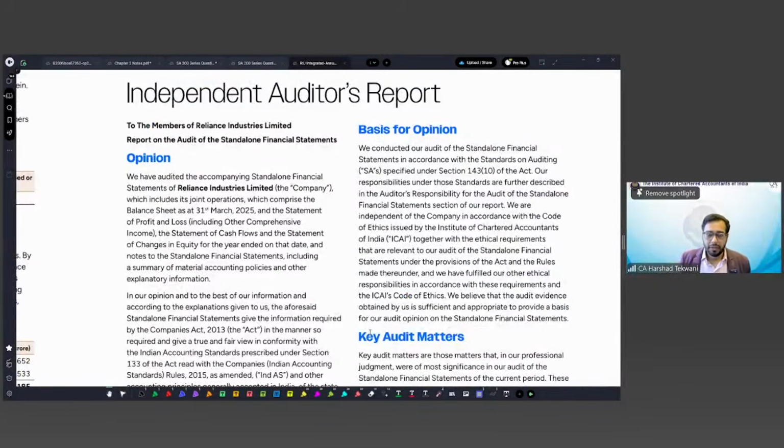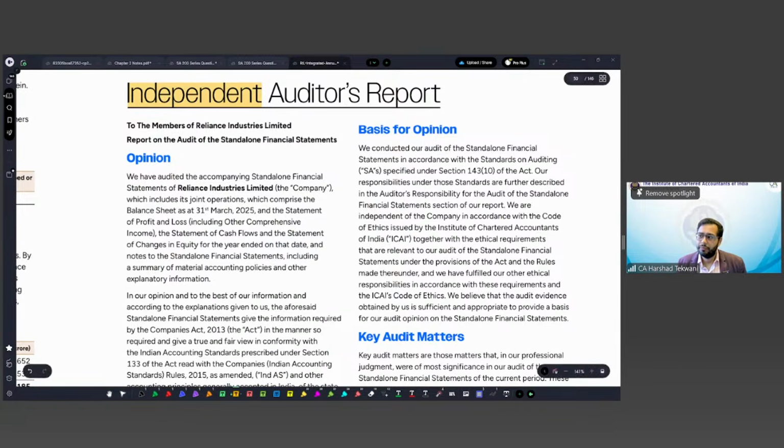But again, just focus on this thing as of now: first of all, it's an independent audit report. This word, remember, always this word is important. Quick recap, where have we discussed this particular word? SQC1 and standards on audit of financial statement.